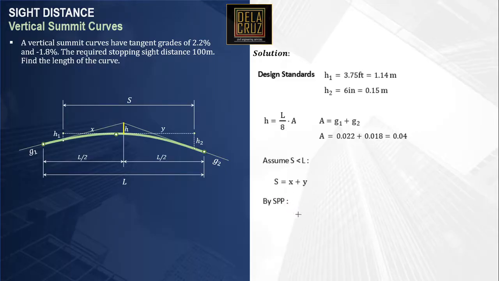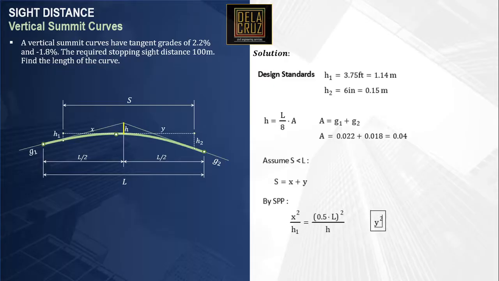Now, by SPP, as you can see, we can have here X squared is to H1 is equal to L over 2, from the H to L over 2, to the endpoints, over H. Okay, that is L over 2 or 0.5 of L squared is to H. Similarly, we can also have Y squared.